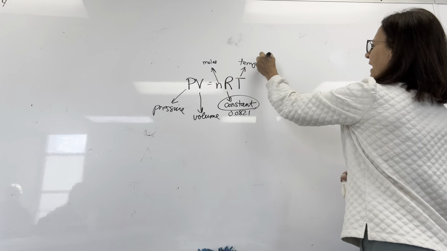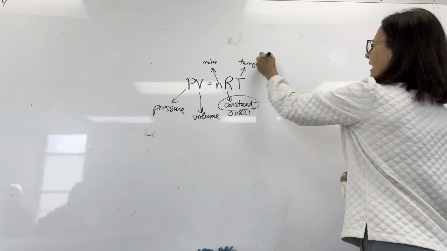Now, pressure and temperature are related in the same way. They're not an inverse relationship. As pressure goes up, temperature can go up. Or as temperature goes up, volume can go up. That's called a direct relationship.